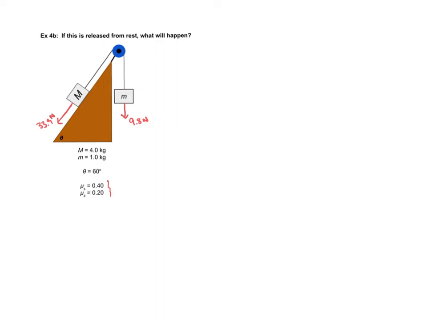Well, then friction's going to point in the opposite direction that it would attempt to slide. And based on example 4a, if there was no friction, it would slide down the ramp. So that means friction, if we add friction in, that would try to resist that, and friction would be pointing up the ramp.